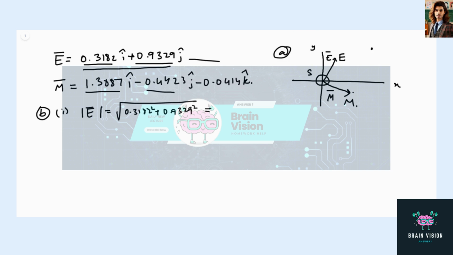Notice that all of these numbers are in the units of AU, astronomical units, and this number turns out to be 0.9857 AU.